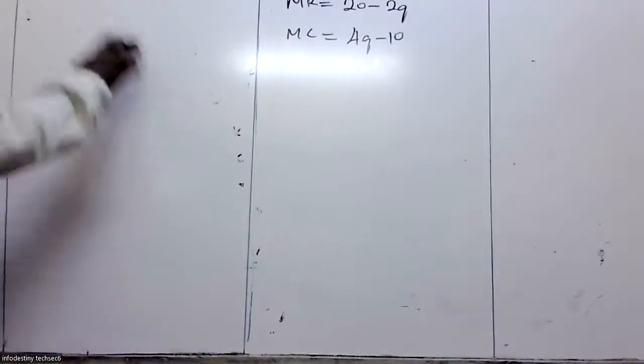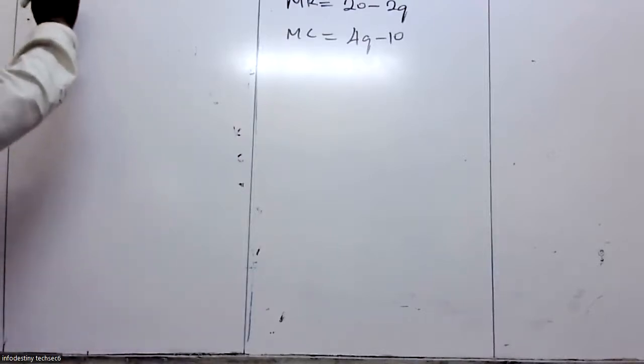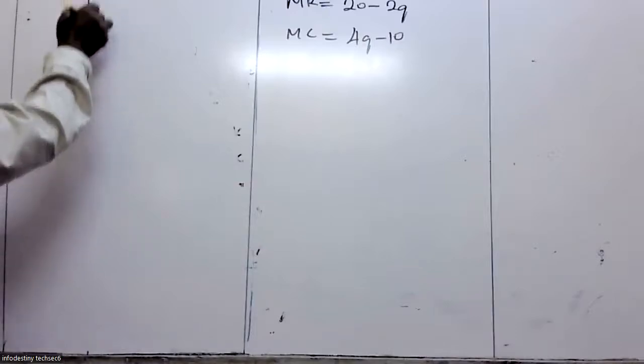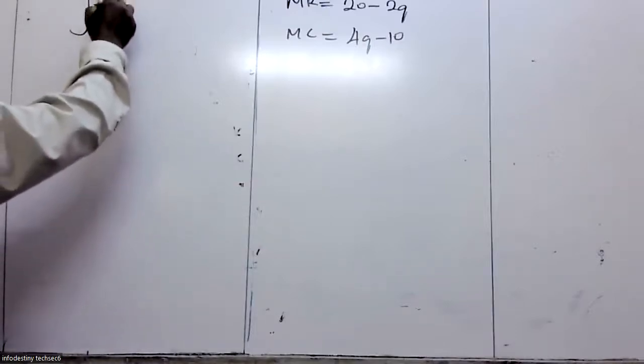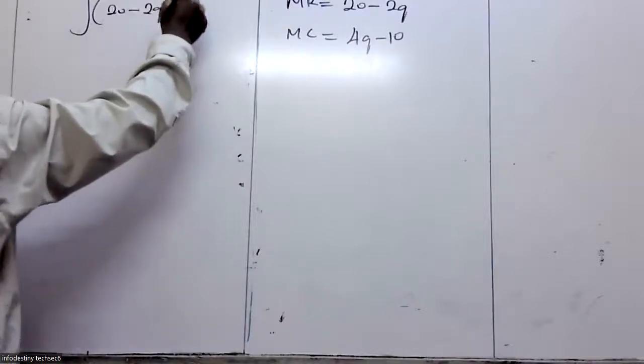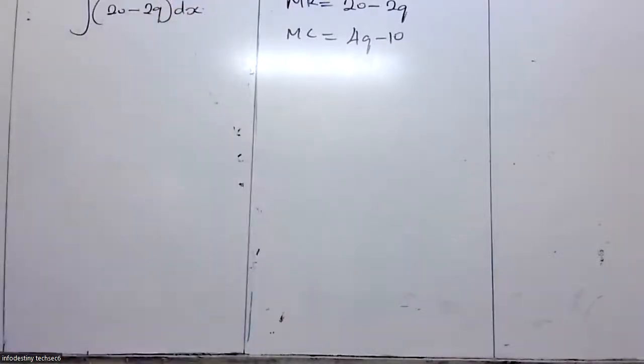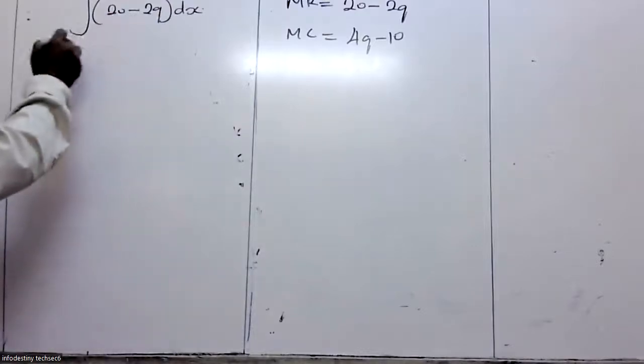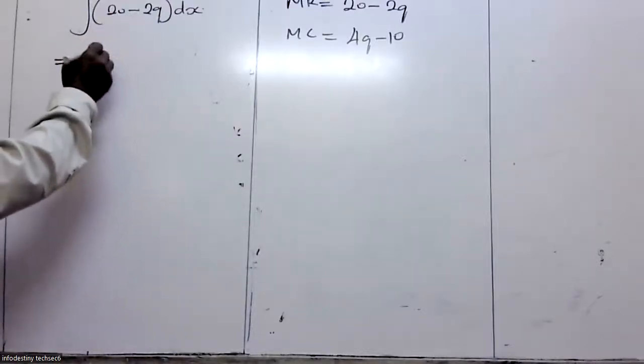So we integrate this one: the integral of 20 minus 2Q dQ.